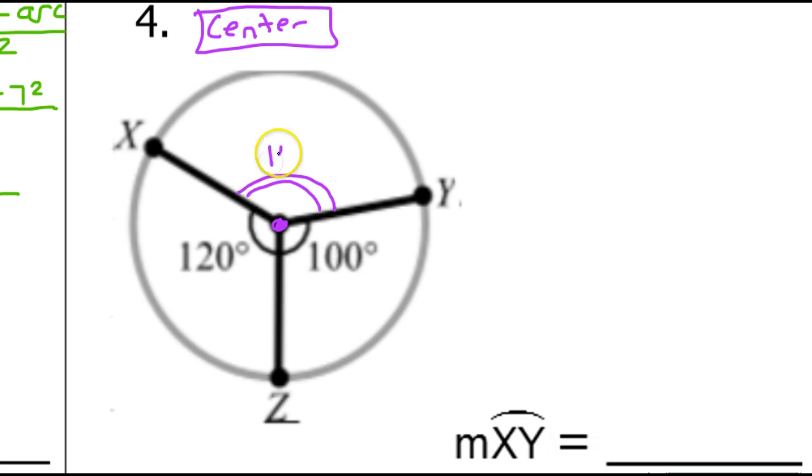That means this central angle is 140 degrees, which means the intercepted arc is also 140 degrees. Again, when the angle is at the center, the angle and the arc are the same.